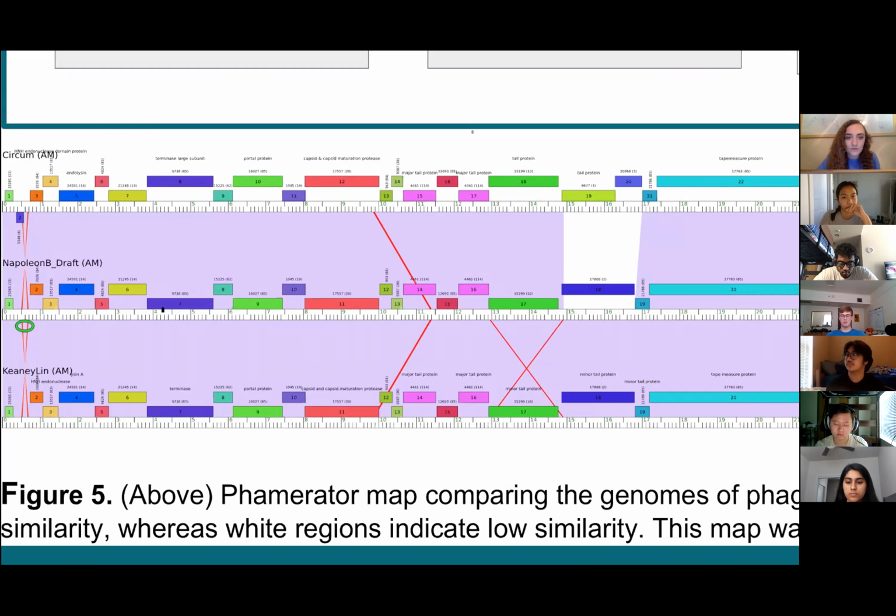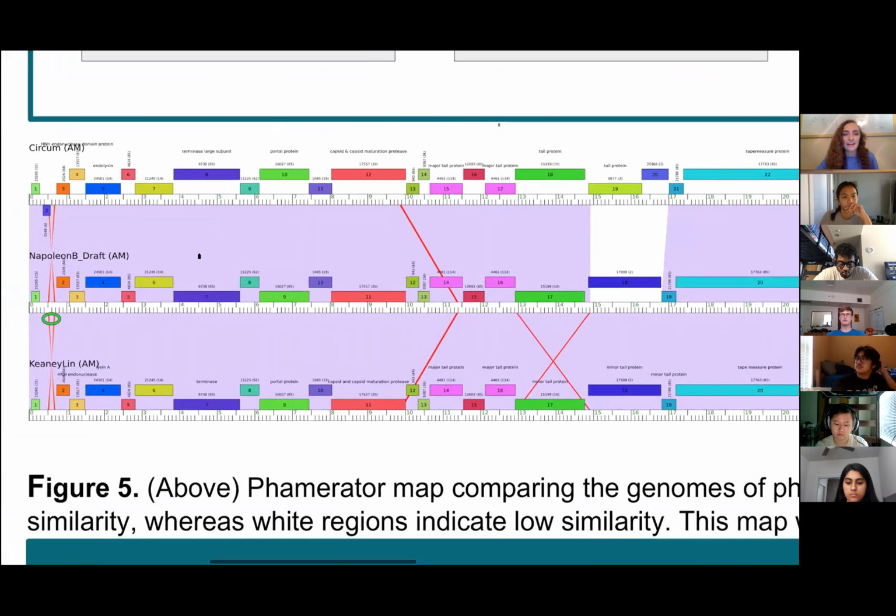Each one of these rainbow squares represents a different gene, and the purple shows high similarity. So it has the same synteny, same gene, same function, etc.